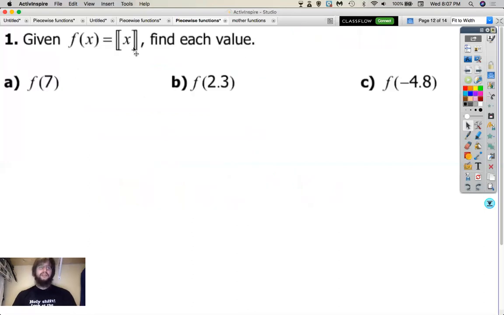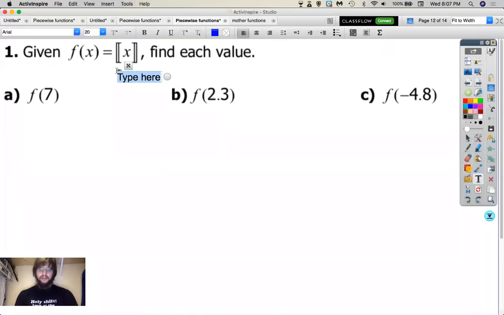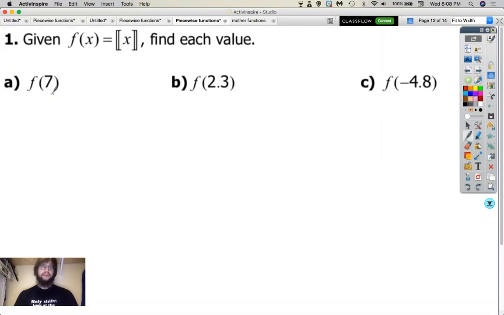Here's how they have it written in the book. Again, I'm not going to use that, but I'm going to use just straight brackets. For me, it's easier to just do that. Anyway, let's do it. F of 7.